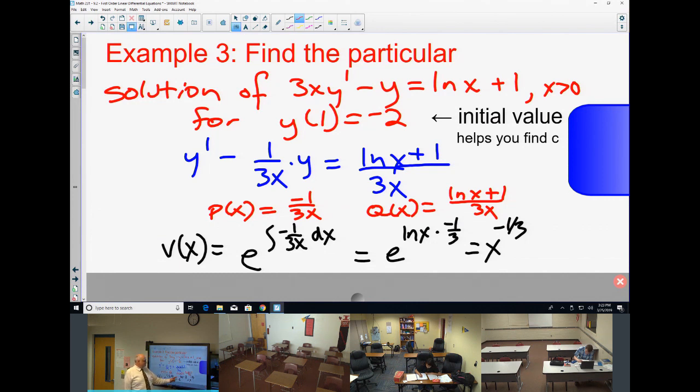So e to the natural log of x becomes x, and then the negative 1/3 is still up top. So v of x is x to the negative 1/3. All right, so any questions on v of x?